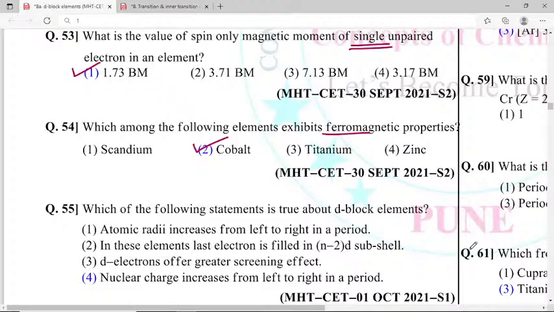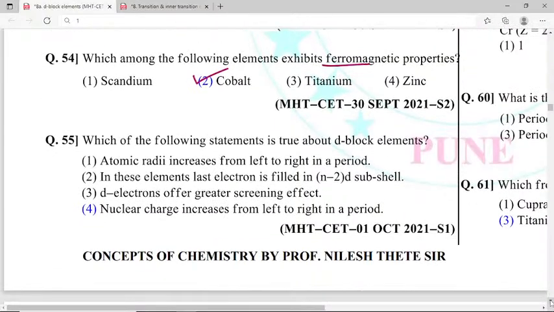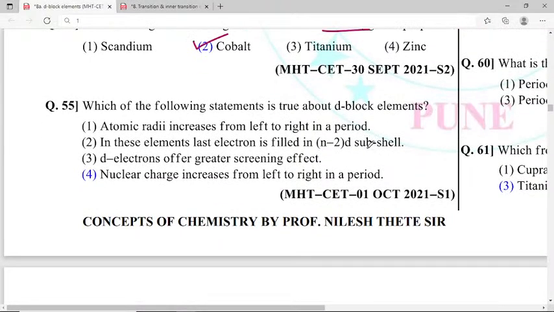Which of the following is true about d block element? Atomic radii increase from left to right in a period? Not increases, it decreases. In this element, last electron is filled in n-2 d subshell?